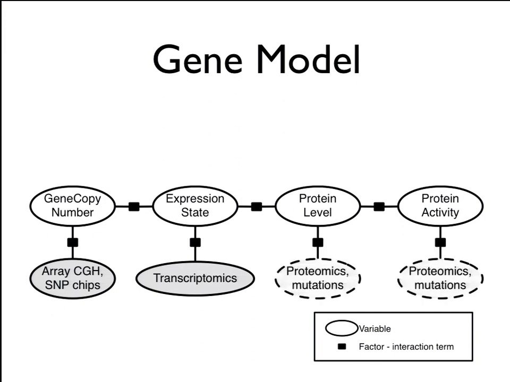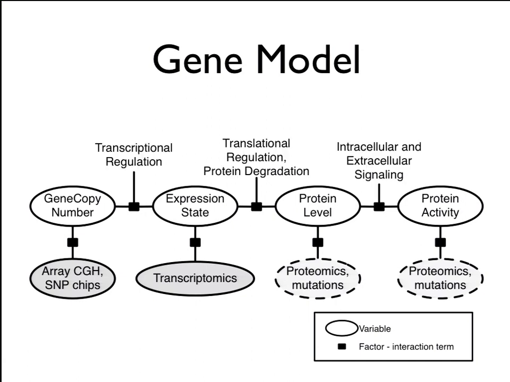And as we get more and more types of data, we might have some information about what's going on at the later stages of the central dogma. But one key part of all this is that right here, there's a lot of regulation going on between having a gene in the genome and having a messenger RNA result from that gene. This also happens at all the other stages in between, from the messenger RNA to the protein, and also to general activity.